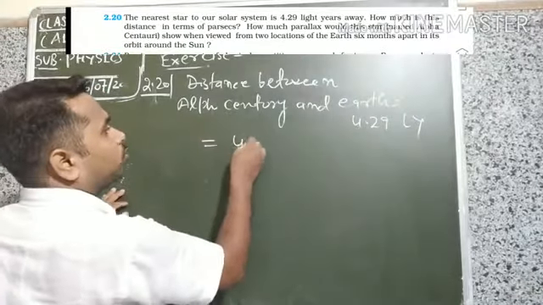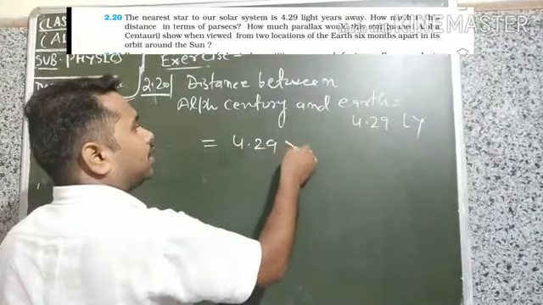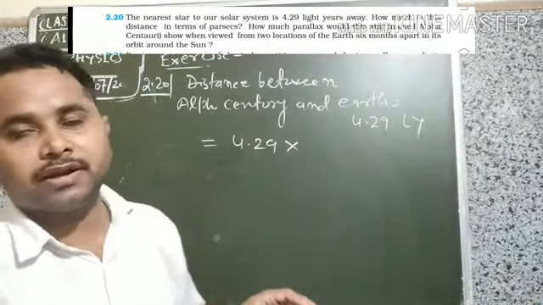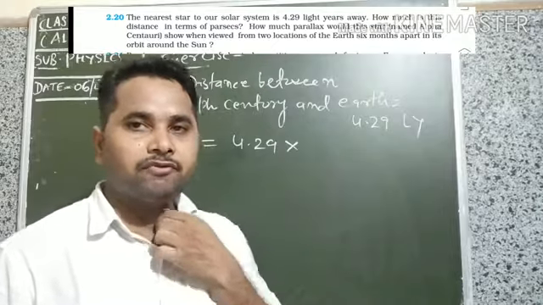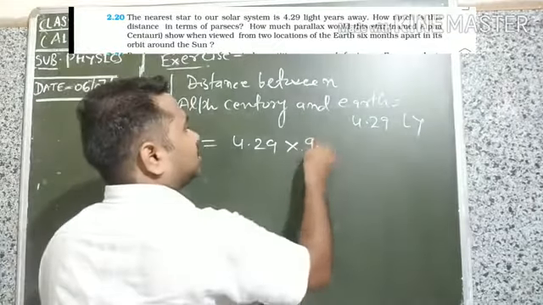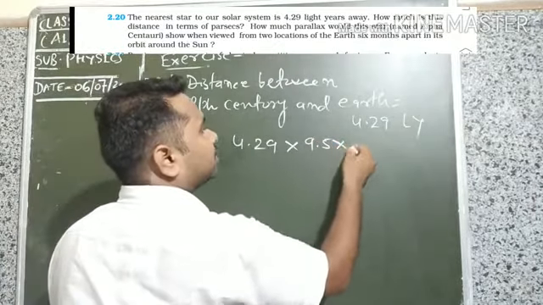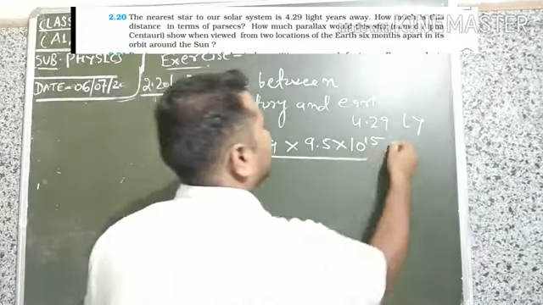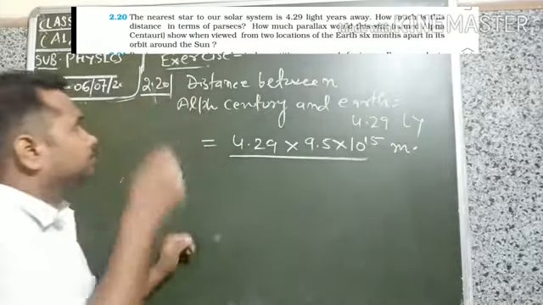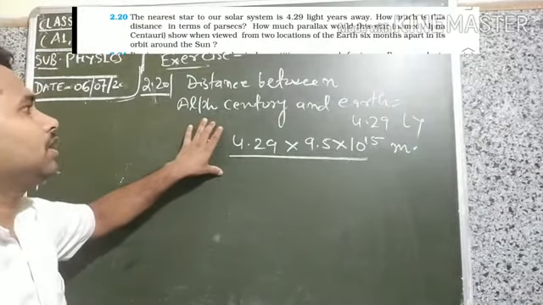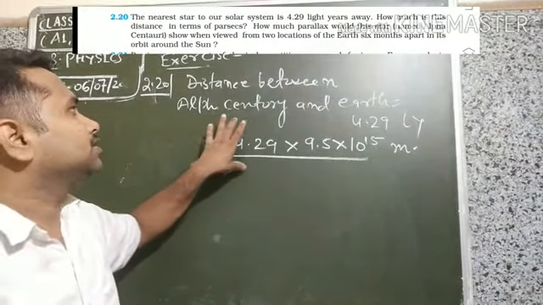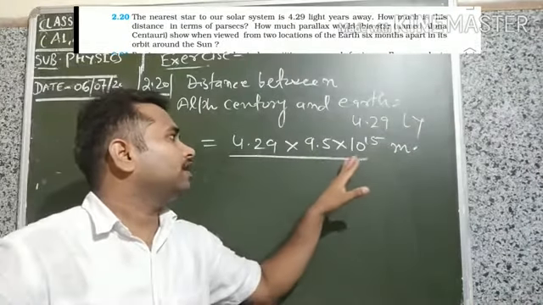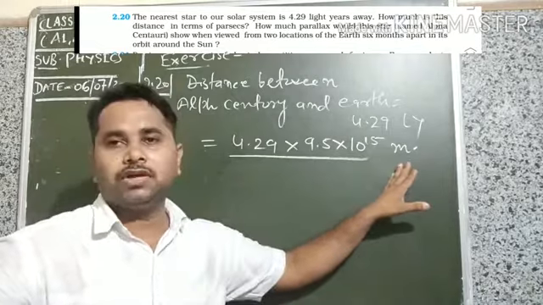Equals 4.29 into light year. You know the value of light year: 1 light year equals near about 9.5 into 10 power 15 meter. So this is the distance between Earth and Alpha Centauri, the nearest star, that is 4.29 into 9.5 into 10 power 15 meter.